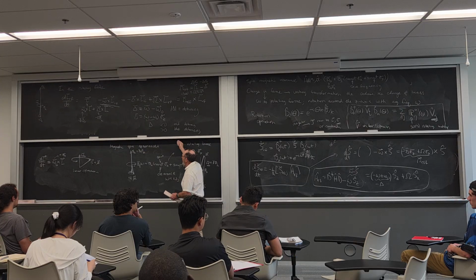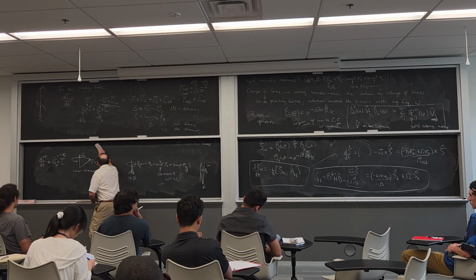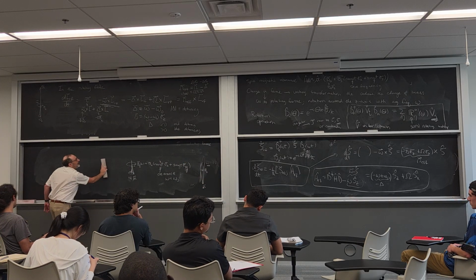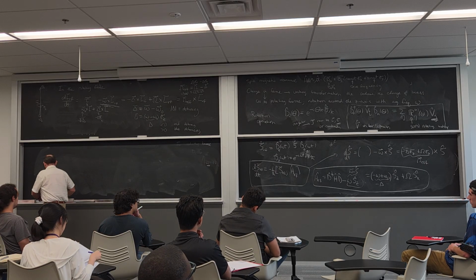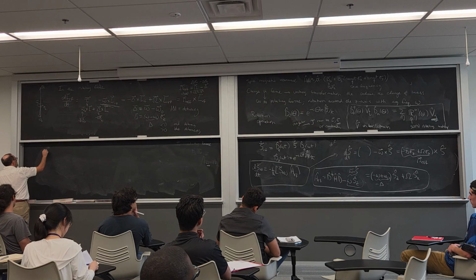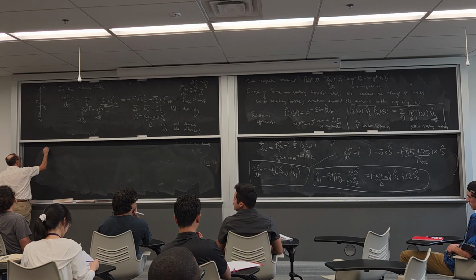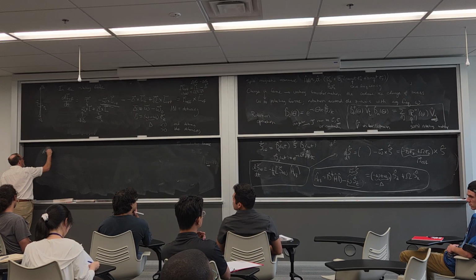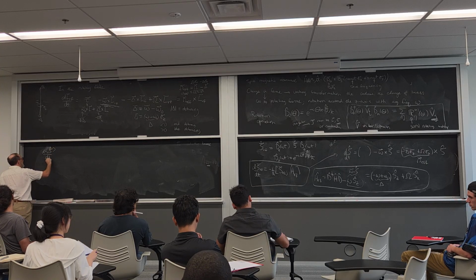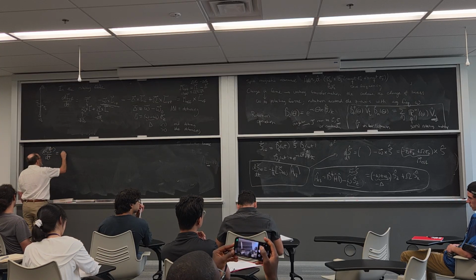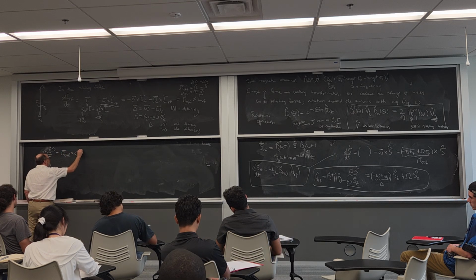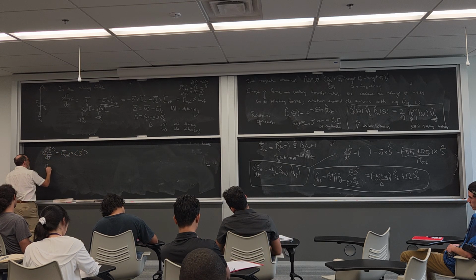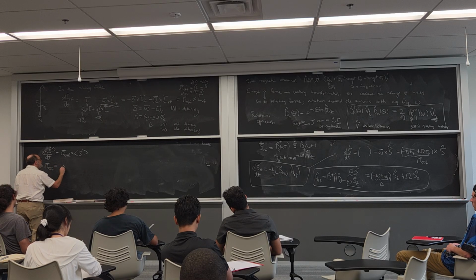And so with that said, if I look at the expected value of the spin vector, it precesses exactly as the classical angular momentum precesses.